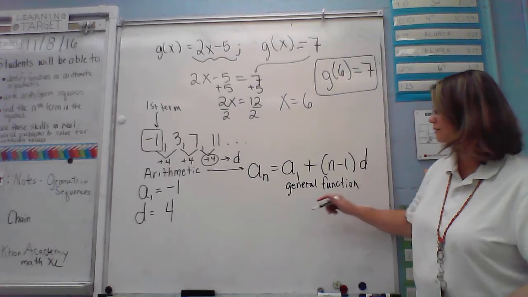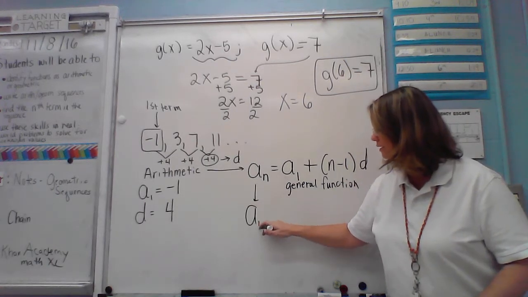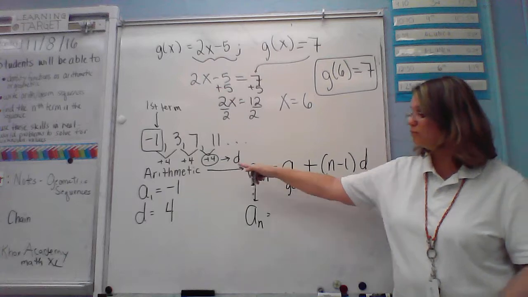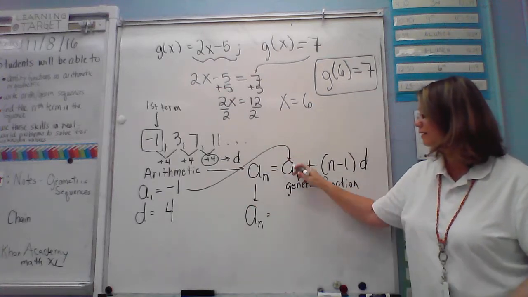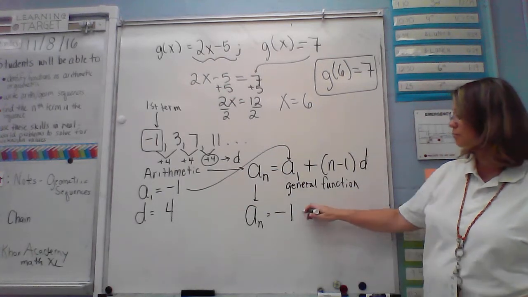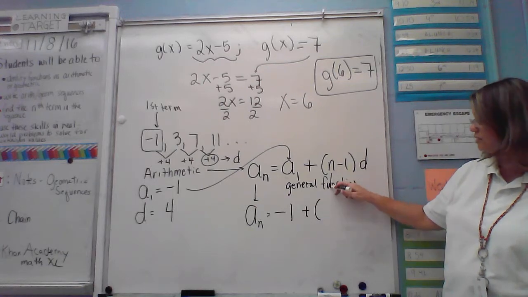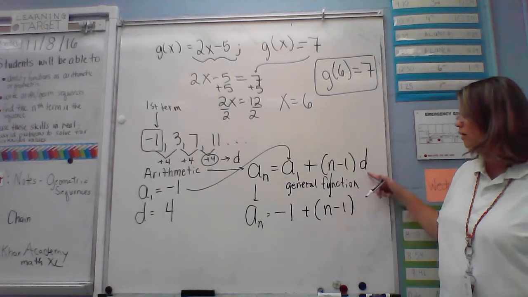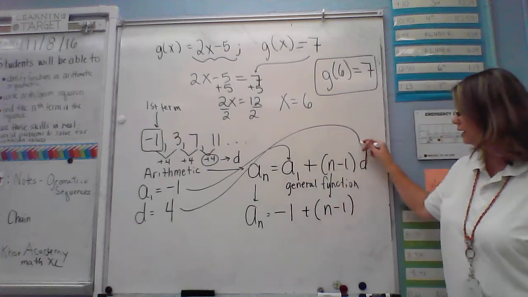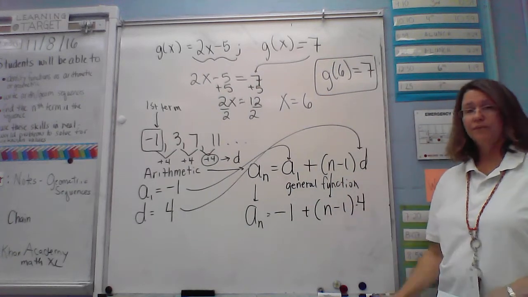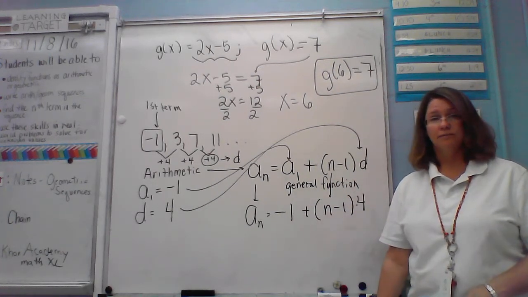So let's try that. A sub n is going to stay like it is. But what is A sub 1? A sub 1 is -1. Plus, n is going to stay just like it is. But what is d? D is a positive 4. This is the general equation.